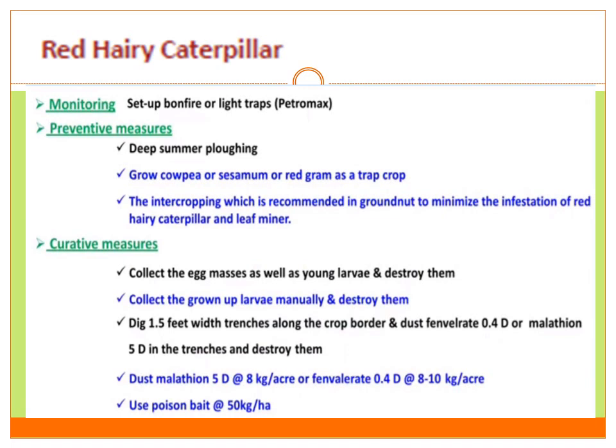You can also collect the egg masses as well as young larvae and destroy them. So you need to pick and destroy them. You can also dust Malathion 5D at 8 kilograms per acre or fenvalerate 0.4D at 8 to 10 kilograms per acre.